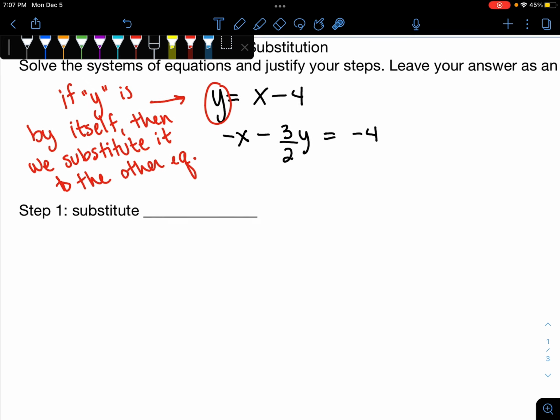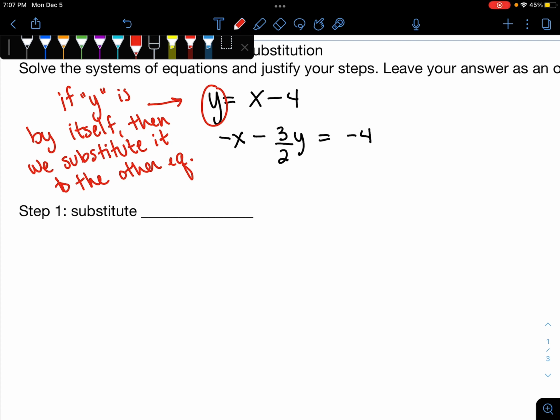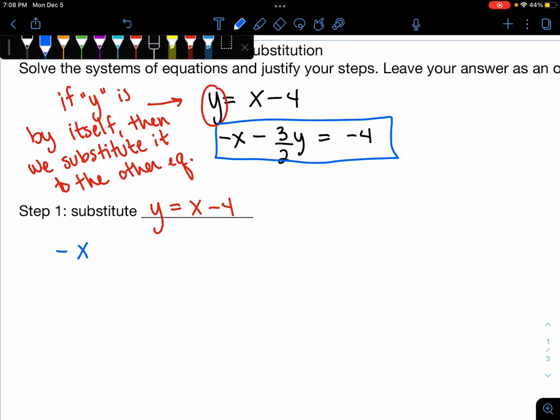So step 1, substitute y equals x minus 4 into the other equation. So I will color this equation blue. So first step, negative x minus 3 over 2 y, so I'm color coding, equals negative 4.